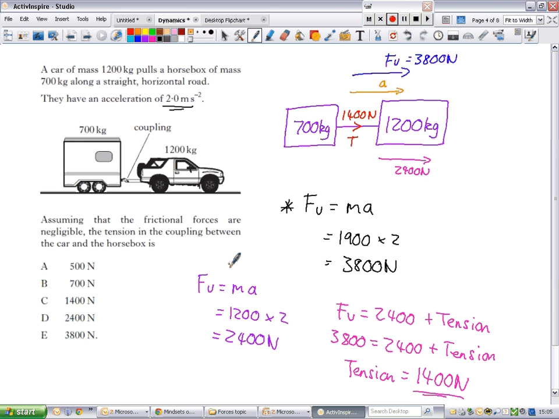Secondly, figure out the unbalanced force acting on just one of the objects. And thirdly, whatever force is left over will be your tension between the objects. Quite a complicated one, and one that people will stumble upon. It is tricky.